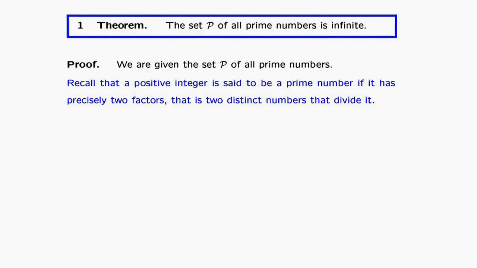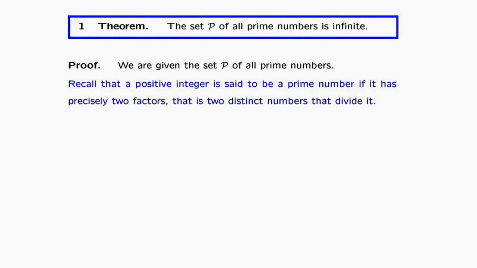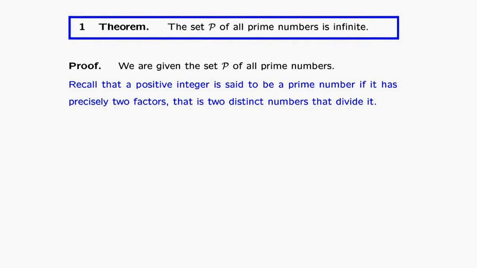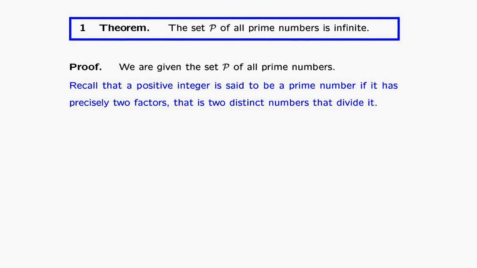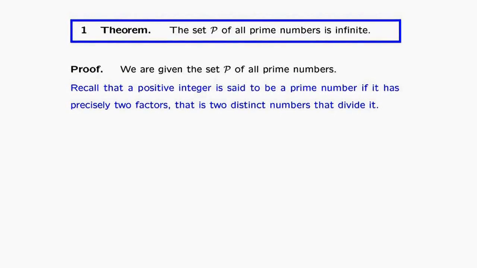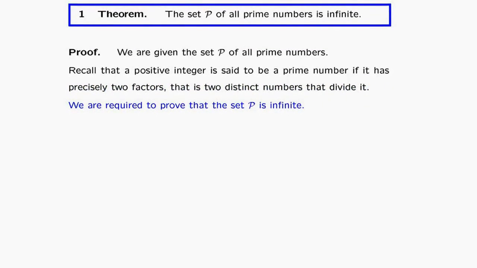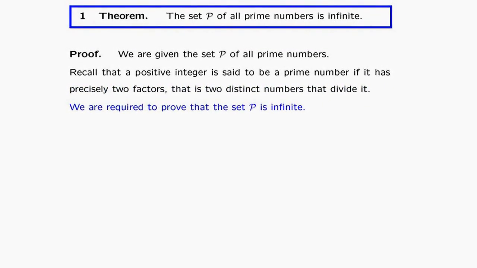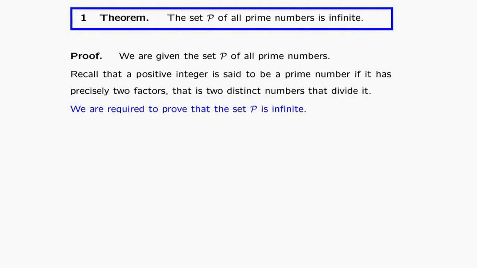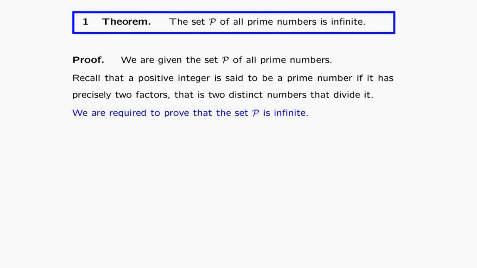Next, we write down what we are required to prove and the definition of any technical term in what we are required to prove. We are required to prove in this problem that the set P is infinite.